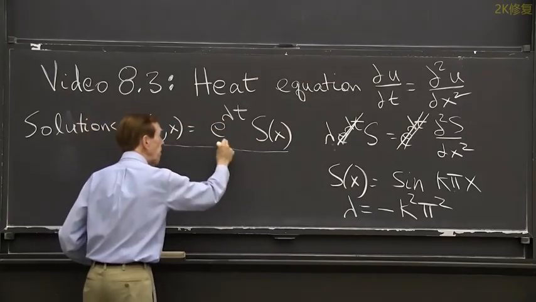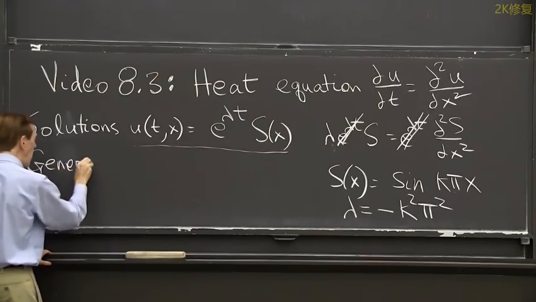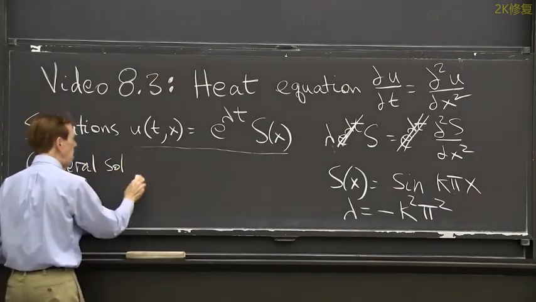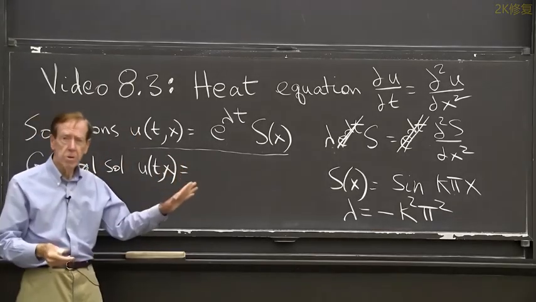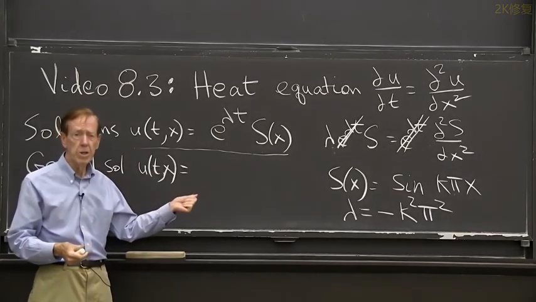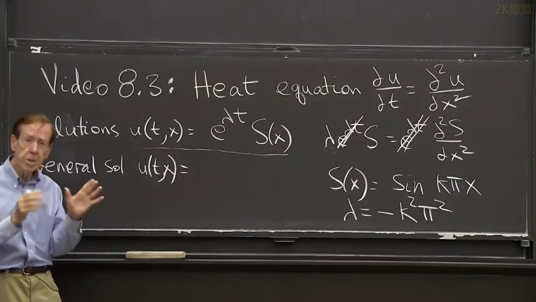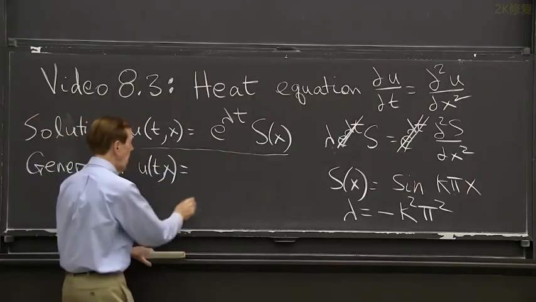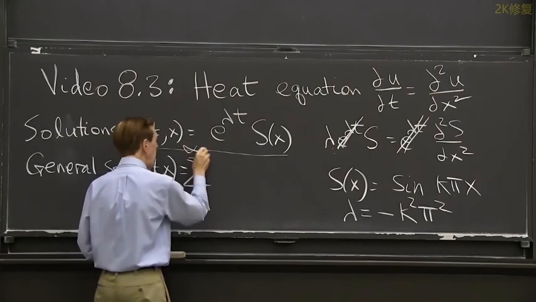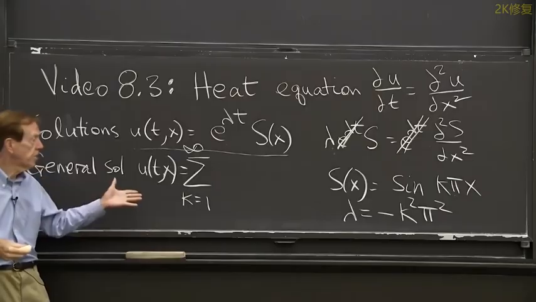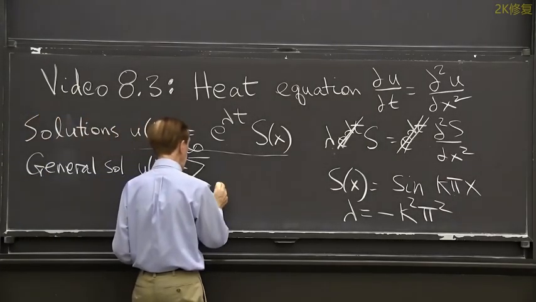So this was a simple pair, but now the general solution. The general solution, u of t, x, will be, if I know several solutions and I have a linear equation, I just take combinations. That's always our way. Take combinations of those basic solutions. So I'll have a sum, k going from 1 to infinity. In partial differential equations, I need a big sum here of some coefficients.